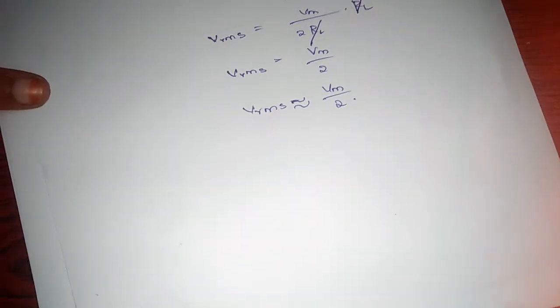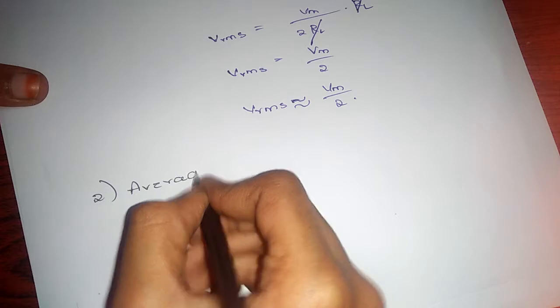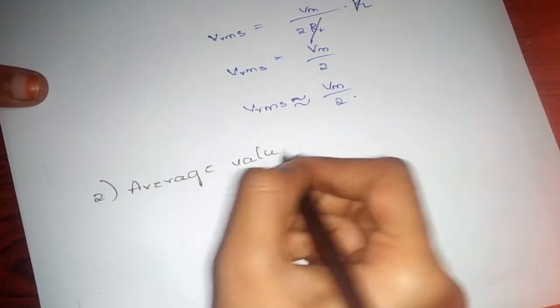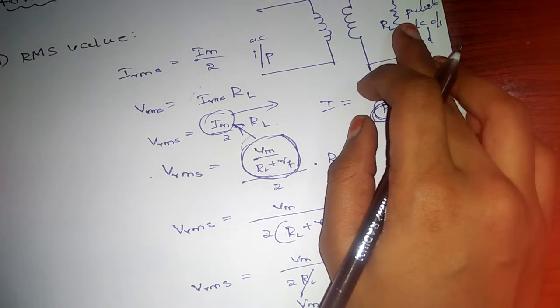And the next, average value. The average value of the current or voltage of a rectifier is also known as the DC value of current or voltage of the rectifier, because we take the average as DC, pulsated DC.